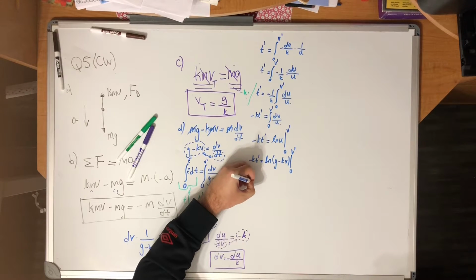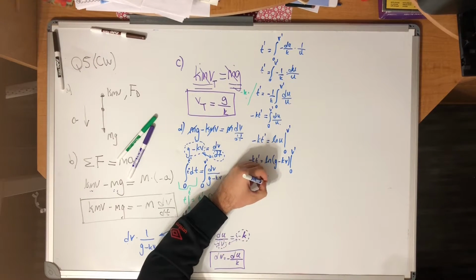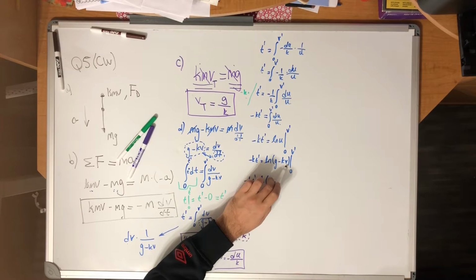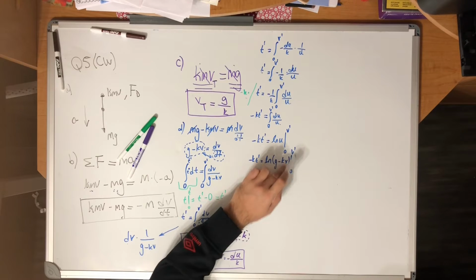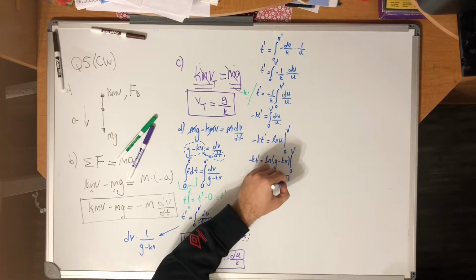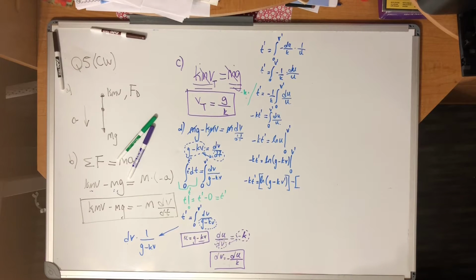Negative k t prime is equal to ln of g minus k, and I'm going to substitute this v with the upper boundary first, which is v prime. This is my upper boundary, minus, replace the same variable with the lower boundary.